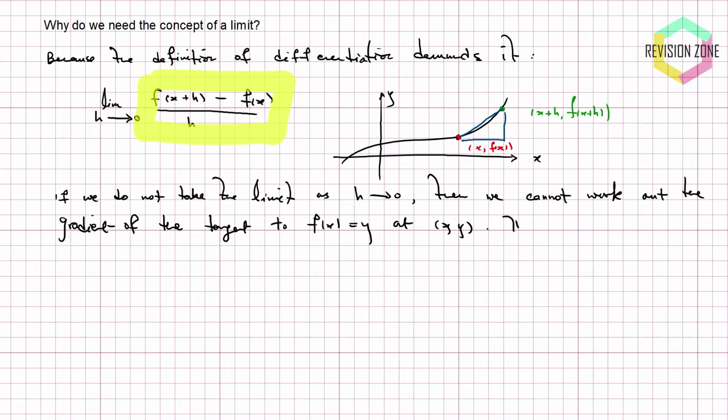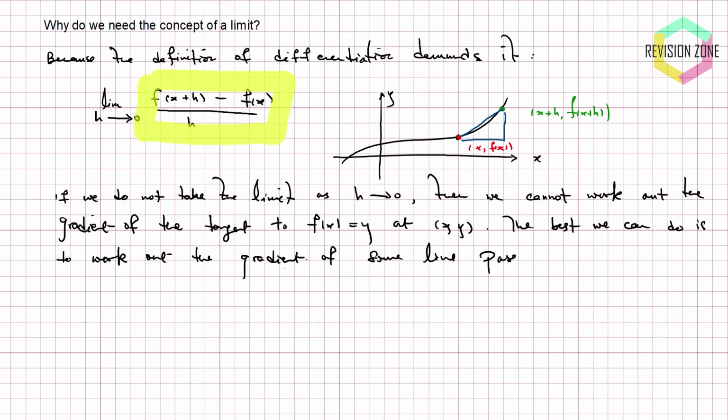The best we can do is to work out the gradient of some line, perhaps I should say, rather than the equation, the gradient of some line passing through 2 distinct points on the curve.